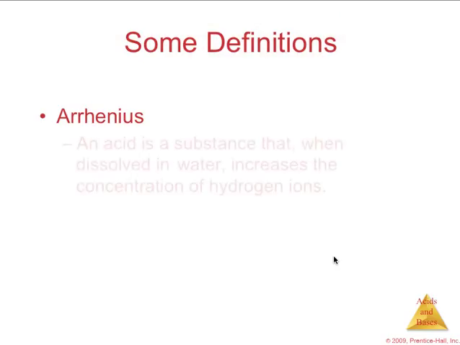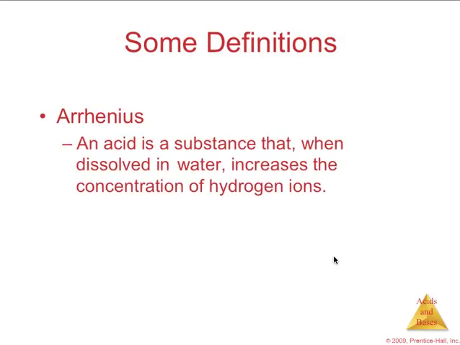So let's talk about some specific types of acids and bases and what those definitions are. An Arrhenius acid is a substance that, when dissolved in water, increases the concentration of hydrogen ions. We can also write that hydrogen ion as a hydronium ion.